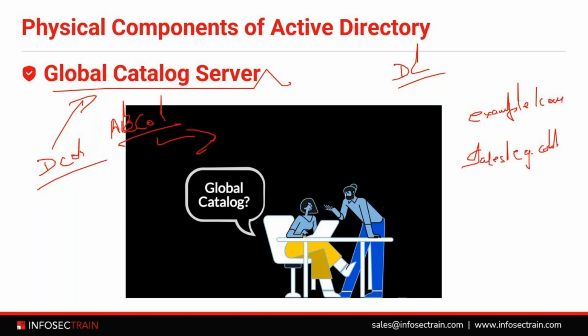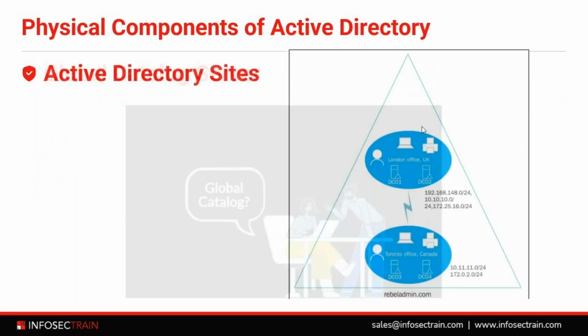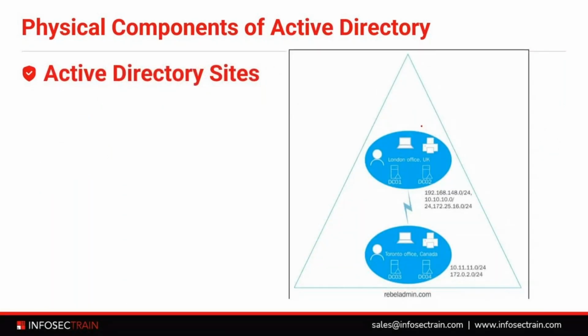To solve this, global catalog servers maintain a partial replica of objects from all domains, which allows users and applications to search across the domains efficiently, right? That is the global catalog server. Then we have Active Directory sites.